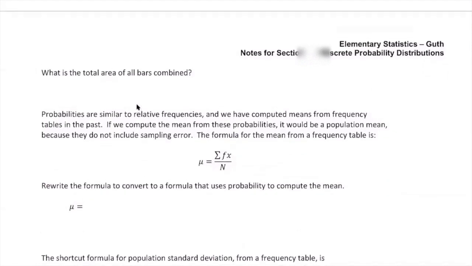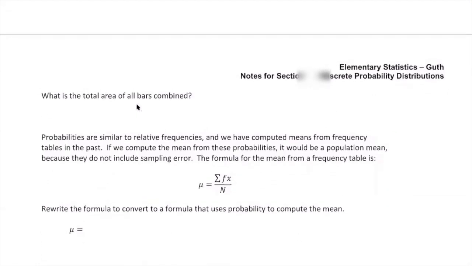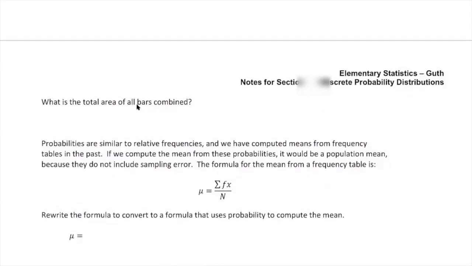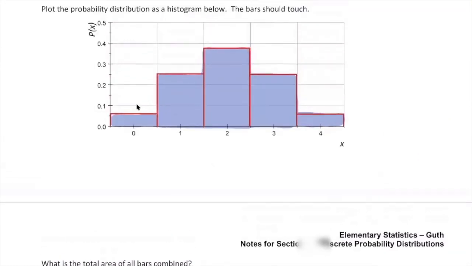There's a question here about the total area of all the bars. If you look at all these bars, they have a base, and I'm going to erase these notes, but the width of each bar is 1.